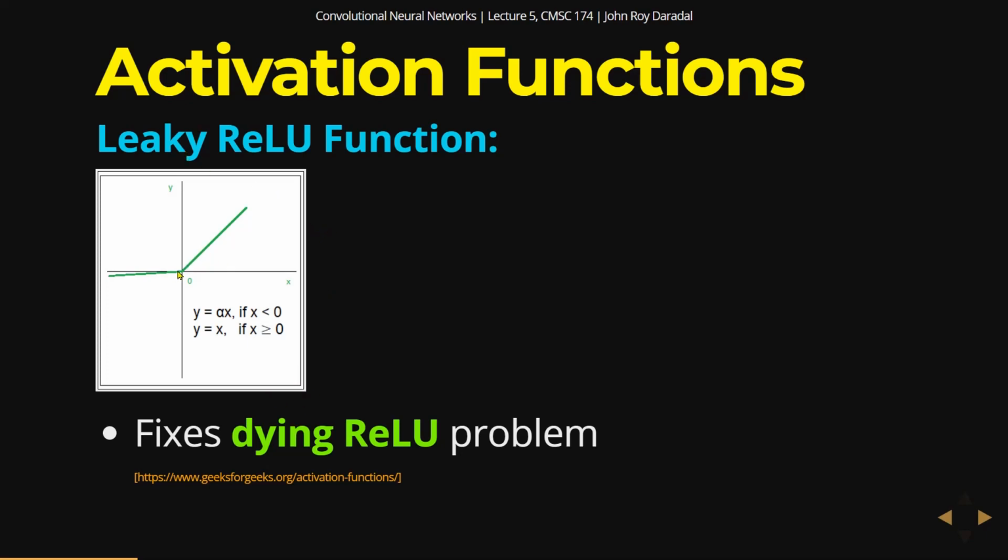So instead of outputting 0 if it's less than 0, you multiply it with some alpha, some factor to make it smaller, but not exactly 0. Okay, so it fixes the dying ReLU problem because it doesn't output exactly 0 if x is less than 0.